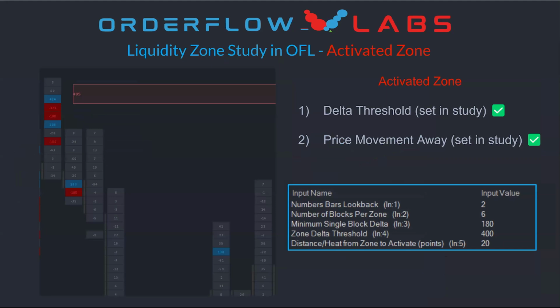So for us, the liquidity zone, there are two criteria that we talked about earlier, right? We have to have a certain level of delta, and we have recommendations for where to start as far as using our study. But generally speaking, I'll speak in NQ terms. We have ES settings as well within OrderFlow Labs.